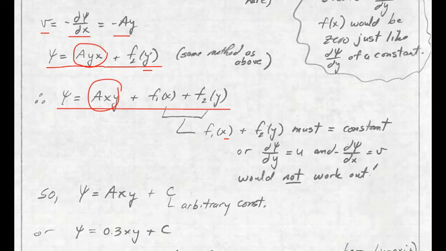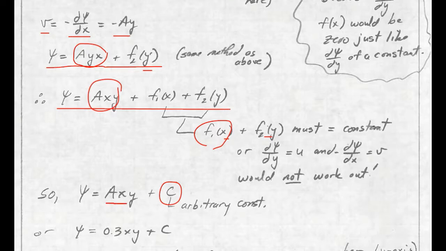They can't be a function of x and y, because then it wouldn't work out when we took the derivative with respect to y. We'd have this problem over here going to 0, and we wouldn't get the u. We get a derivative with respect to x, and we wouldn't get just the v. So we can just put it in as an arbitrary constant. So it's kind of much ado about nothing there.